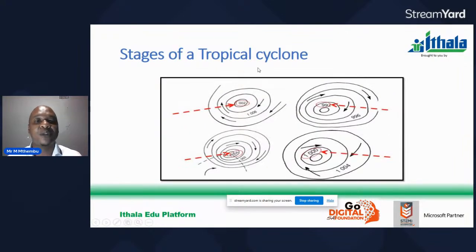Now the stages of a tropical cyclone. Looking at this, this is an initial stage or a formation stage. And you can notice that some hectopascals are way above 1,000. So if you see such a thing on a synoptic weather map, you must know that the tropical cyclone is at the immature stage, so it's starting to develop.